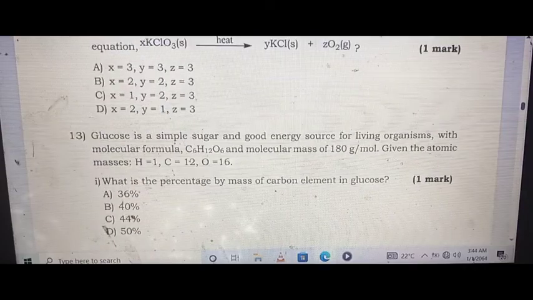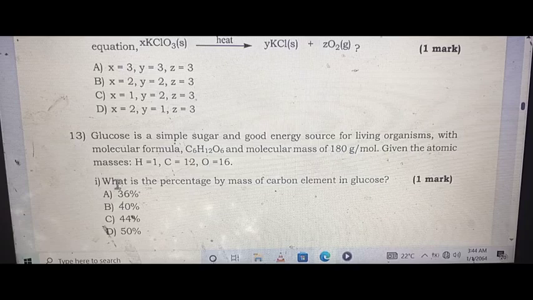13. Glucose is a simple sugar and a good energy source for living organisms, with a molecular formula C6H12O6 and a molecular mass of 180 grams per mole.